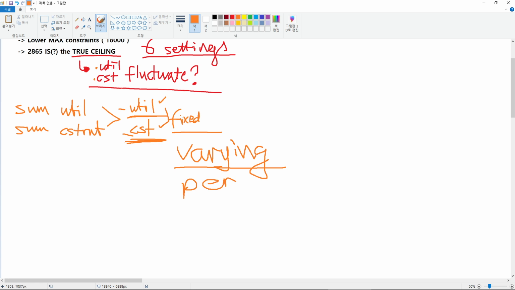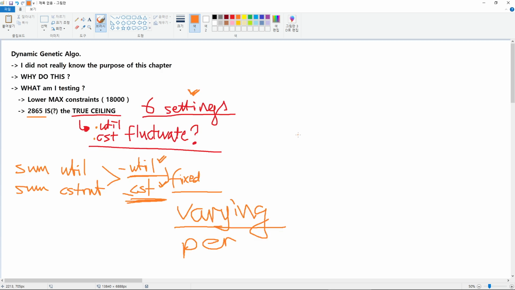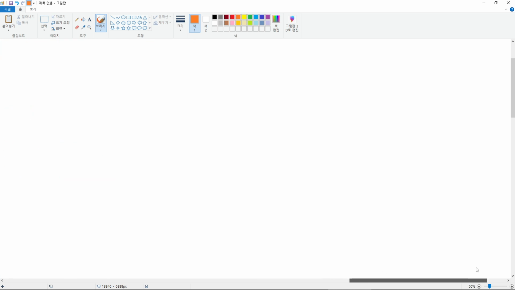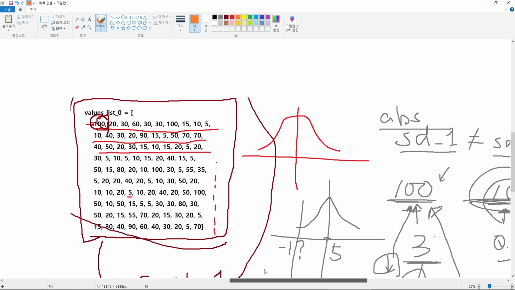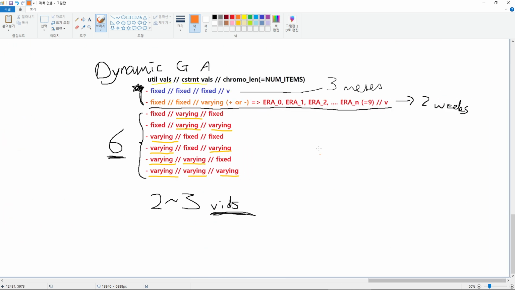But when the evolution is done, when the 1000 generations have passed and the computation is finished, in order to find the true ceiling, what is supposed to be the true ceiling by now, 2865, I would use the fixed versions of the utility values and the constraint values. Let me explain that again, so that I can try to sound coherent.